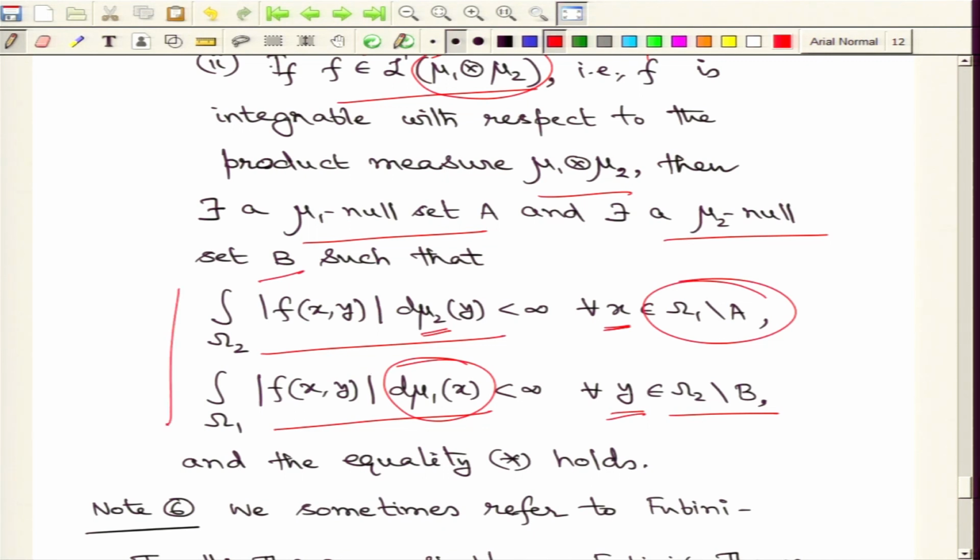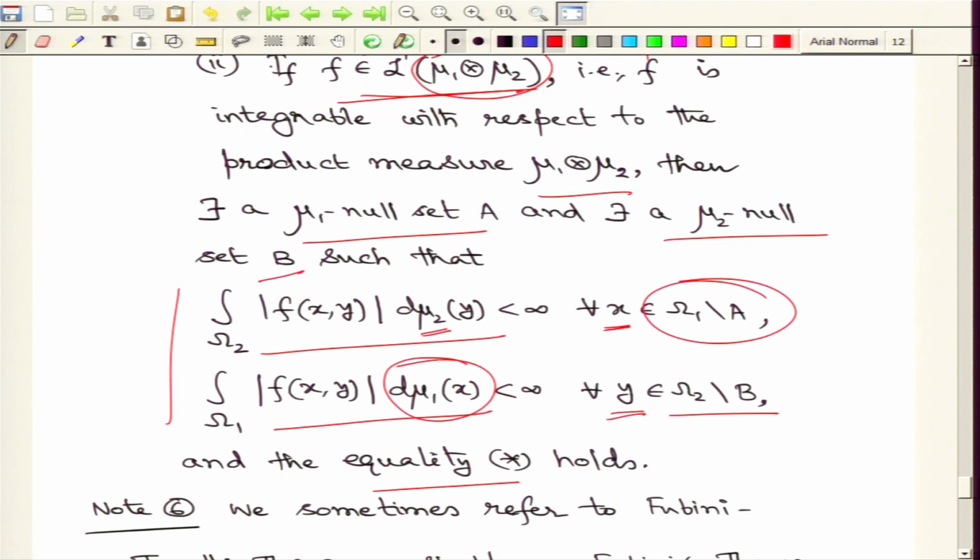Now, using this you can look at integrals of them and look at the iterated integrals as we have been talking about, and we finally claim that if you have the L1 integrability with respect to the product measure, then the equality star holds, meaning you can write down the integral in the joint variable with respect to the product measure.